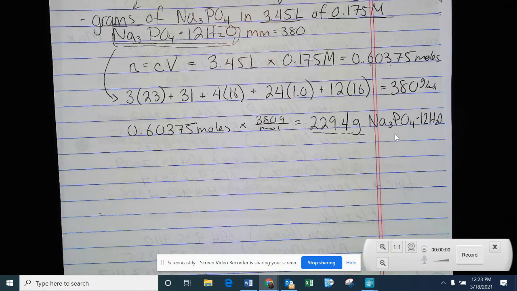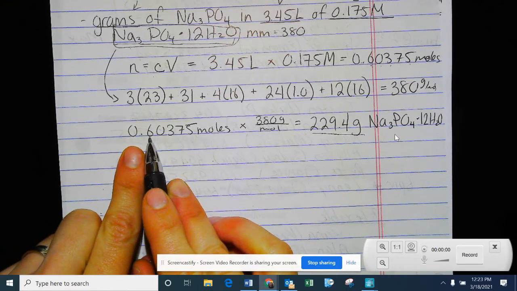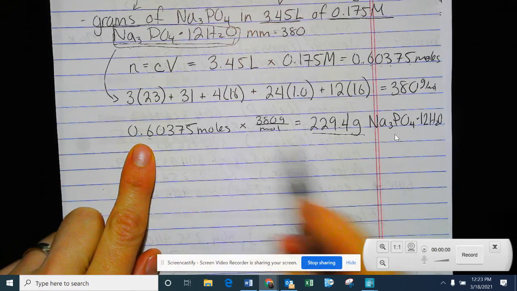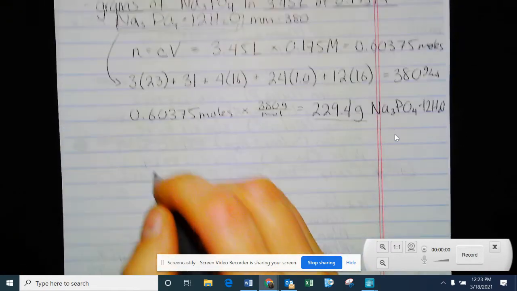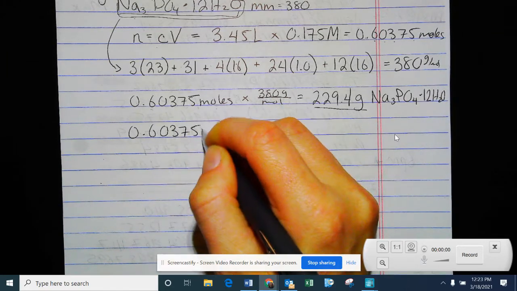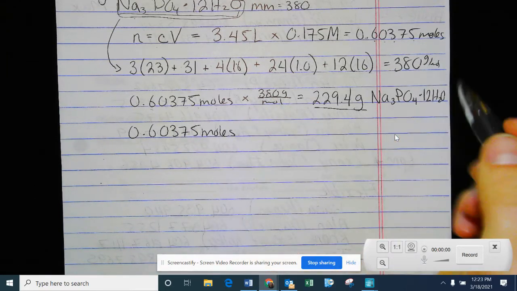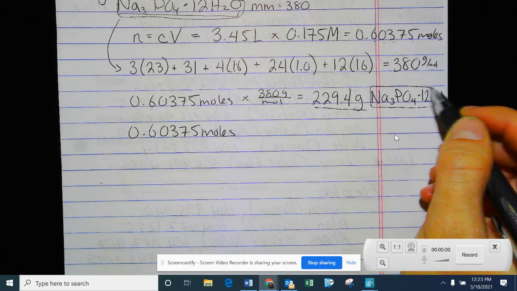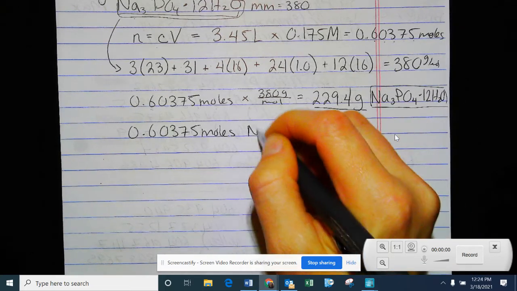Okay, to deal with a hydrate, that's the grams of the whole thing. But we do have 0.60375 moles. Sorry, I'm going to rewrite this right here. 0.60375 moles of this entire thing, right? Does that make sense? We've got that.